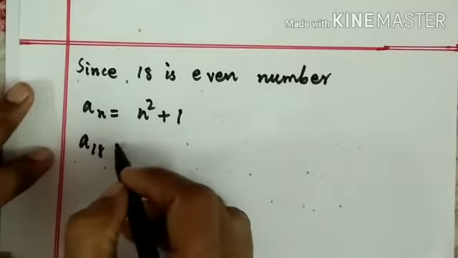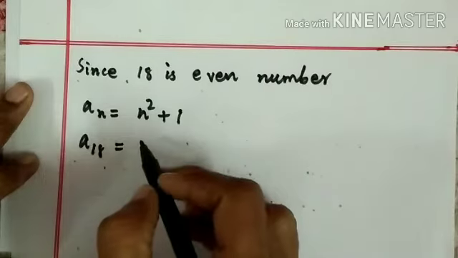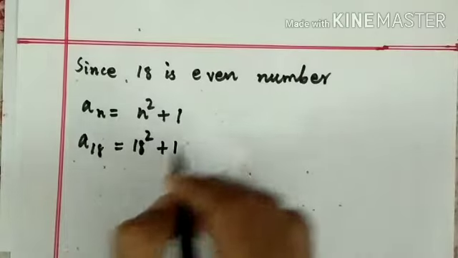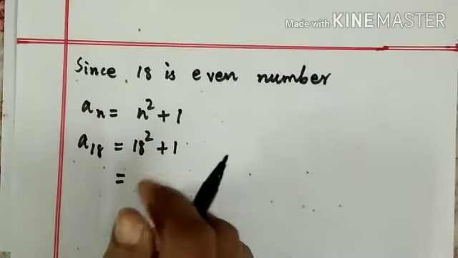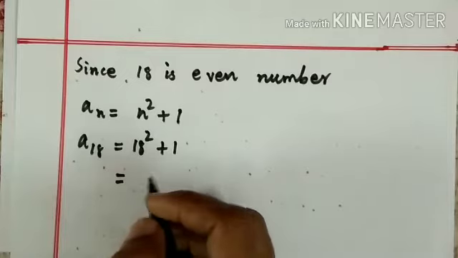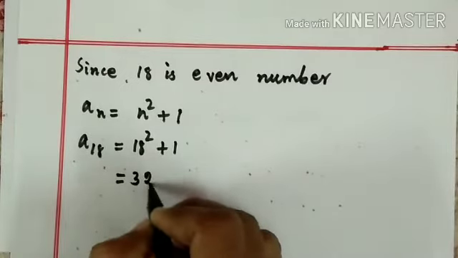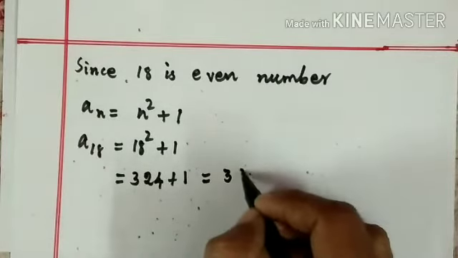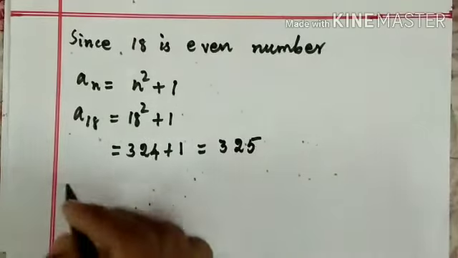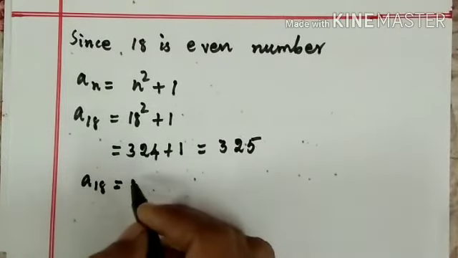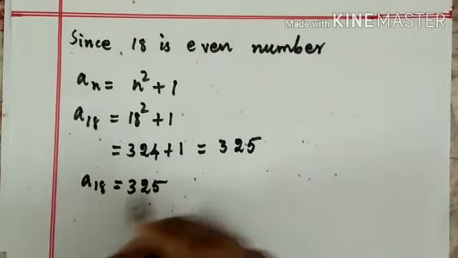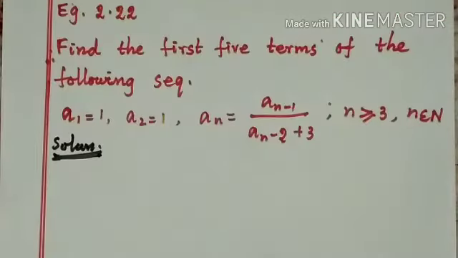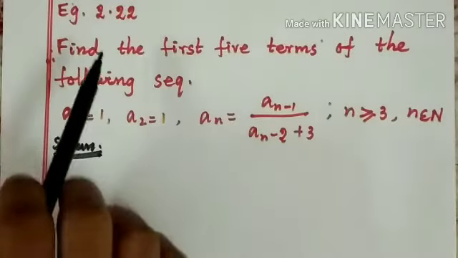Here n is 18, so A18 is equal to 18 squared plus 1, that is equal to 18 square is 324 plus 1 is equal to 325. Therefore, A18 is equal to 325. This is the answer for the 18th term. Now we move on to the next example.